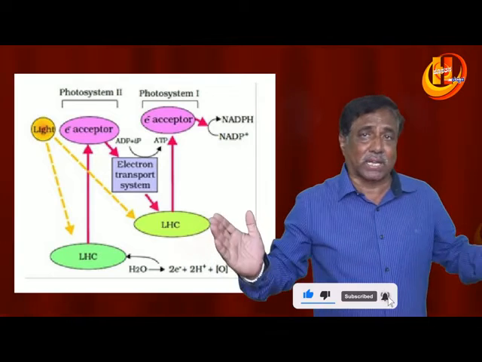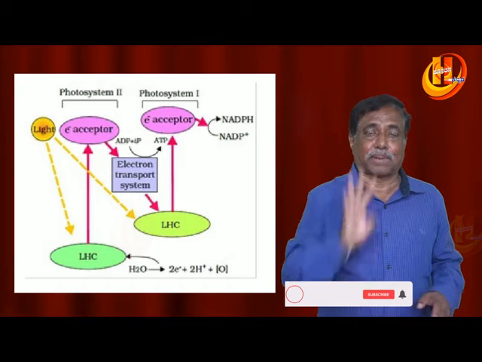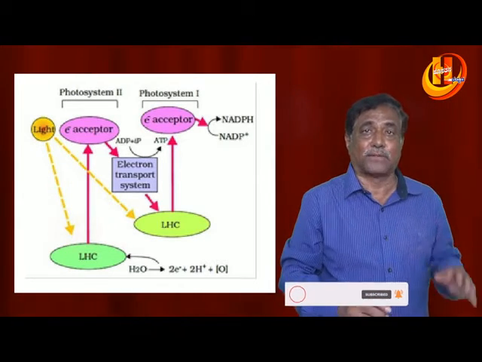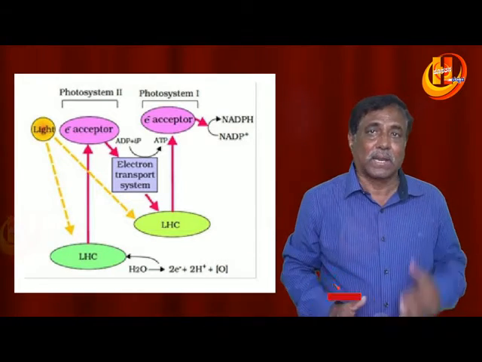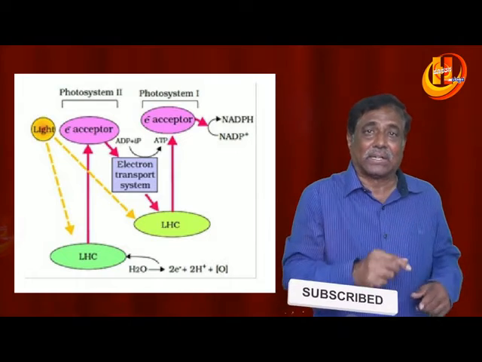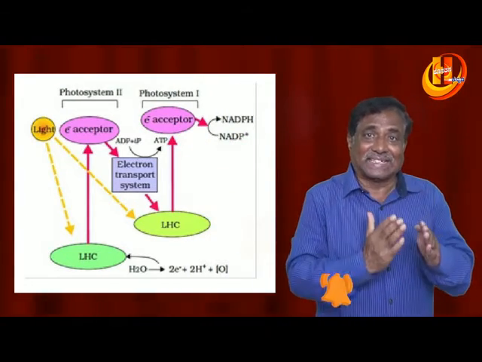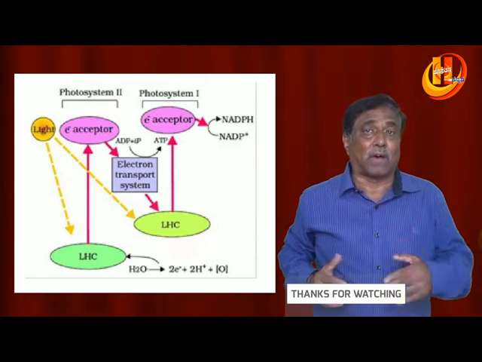This splits water into H plus and OH minus ions. For example, 4 molecules of water give 4 H plus and 4 OH minus. This splitting of water is called photoionization of water, observed by Van Niel. And here the 4 H plus take the pathway of non-cyclic photophosphorylation and are released into the lumen of the thylakoids.